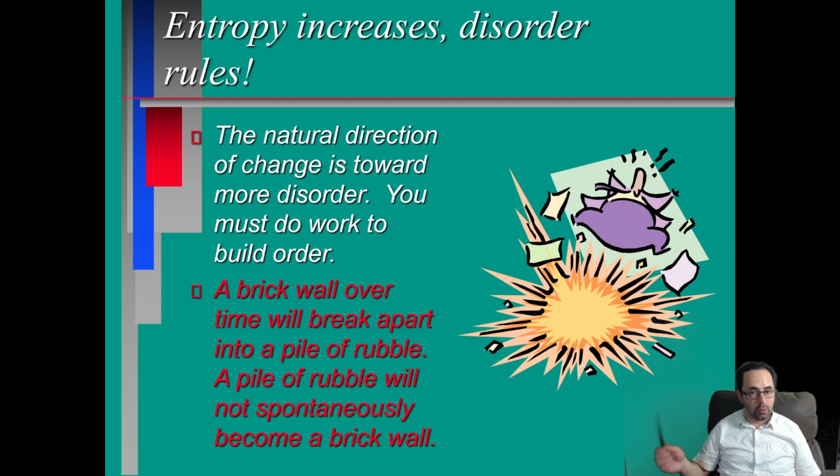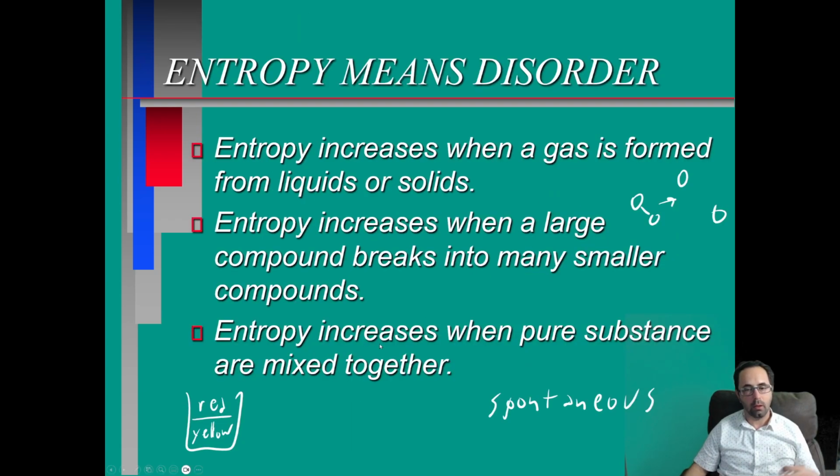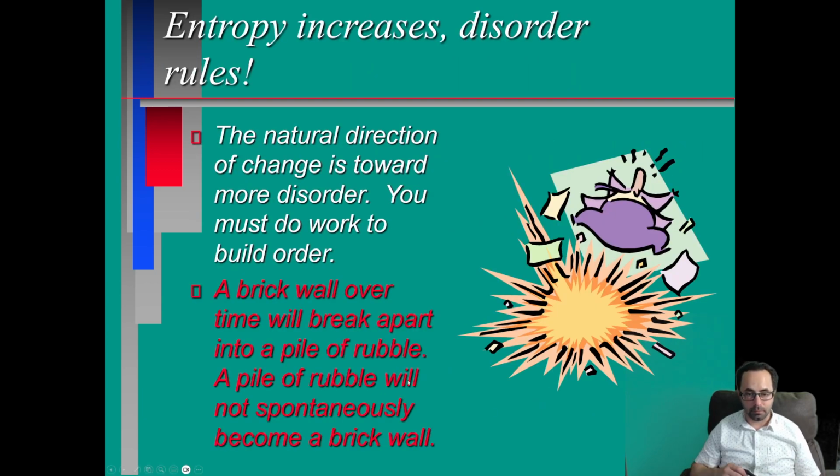So the natural direction of change is towards more disorder, and that can be in the form of an exothermic reaction increasing the temperature, or it can be in the three different ways that we just discussed: forming more gases, larger molecules breaking up into smaller ones, or pure substances being mixed together.